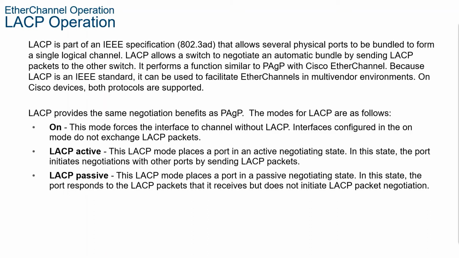LACP helps create the EtherChannel link by detecting the configuration on its side and making sure that they are compatible so that the EtherChannel link can be enabled when needed. So the modes for LACP are as follows. You've got on. This mode forces the interface to channel without LACP.